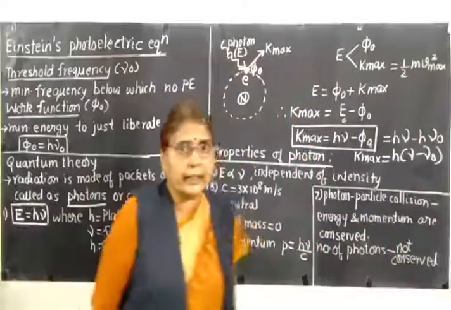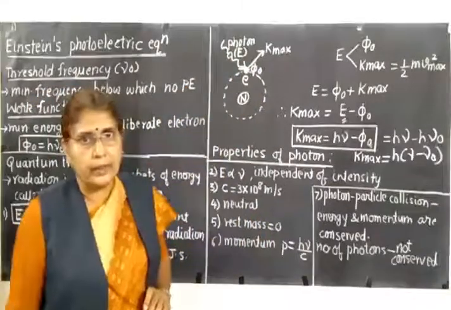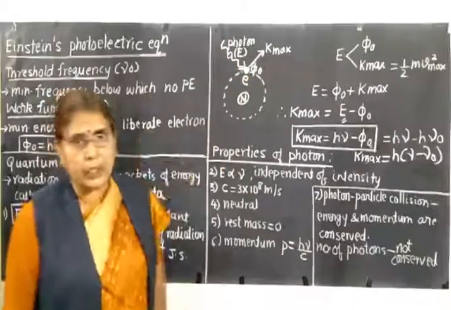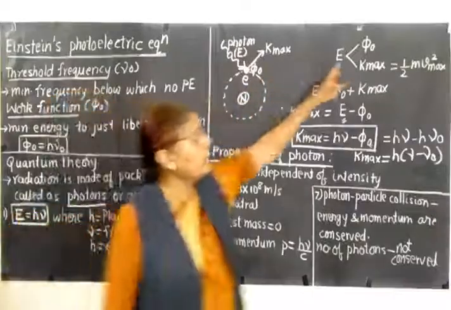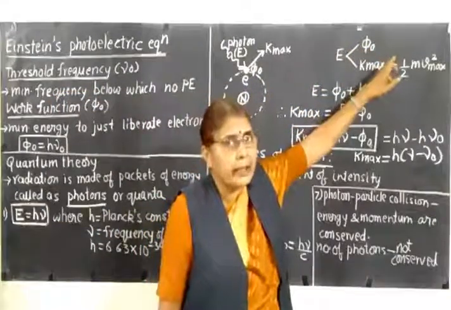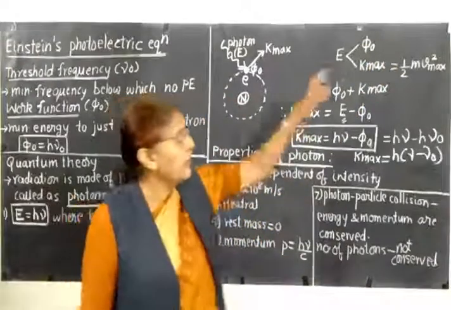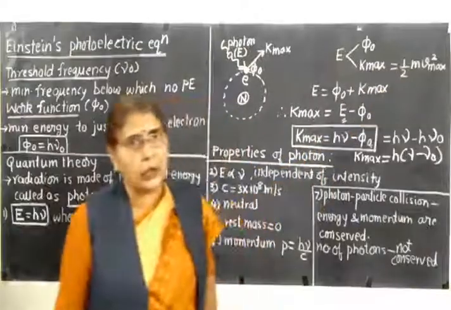Now in photoelectric effect, a photon is incident on a valence electron. The energy E of the photon is completely absorbed by the electron. This energy is used in two ways. Part of the energy is used to just make the electron free, that is nothing but your work function phi 0. And the remaining energy appears as maximum kinetic energy of the electron, Kmax.